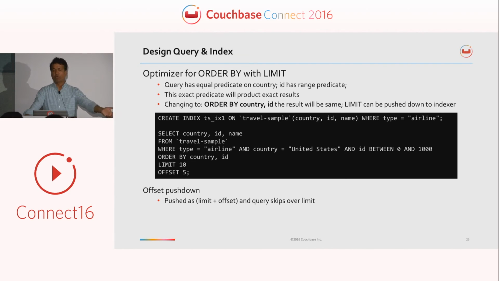And in 4.6, which was just announced as beta today, we do some further optimization even when you don't have the order by on the leading keys. If the leading keys have an equality predicate, we know the result is going to be not just logically but physically exactly the same. So we do further optimization even when the order by clause doesn't match the index key order perfectly.